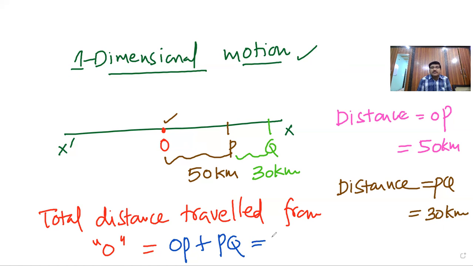So OP is how much? 50 kilometers. PQ is how much? 30 kilometers. That is 80 kilometers.